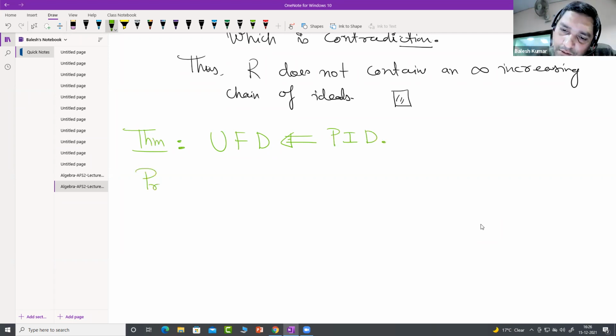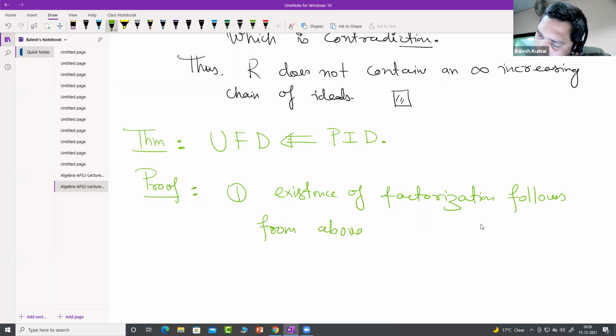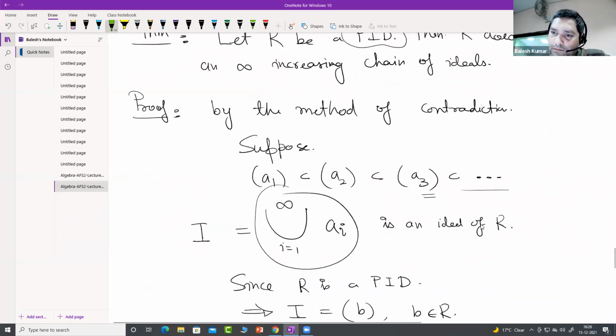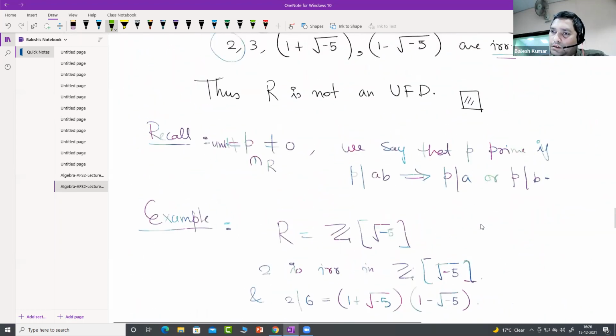I think I have already told the proof of the first part: the existence of factorization follows from the above theorems.